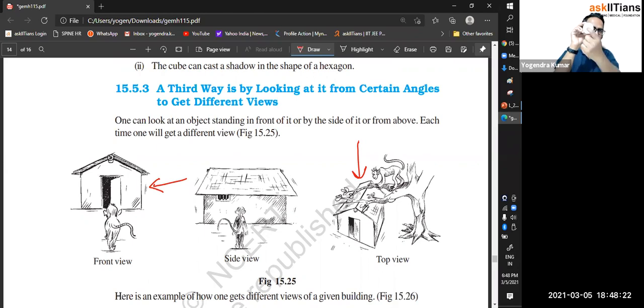You can see it is a circular thing. From the front view it just looks circular. The side view is also the same, like the front view, and the top view is circular, right?